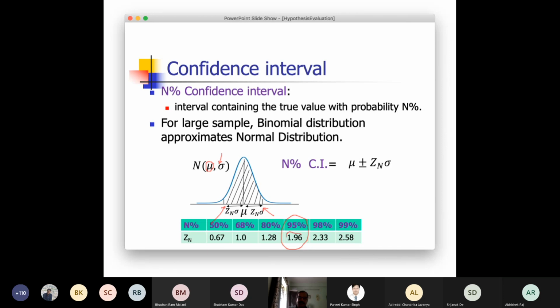Let us call it the Z value. This value is 1.96. If I put this value as 1.96 and compute the interval, I can say that it gives me the range in which my estimate would lie with probability 0.95.